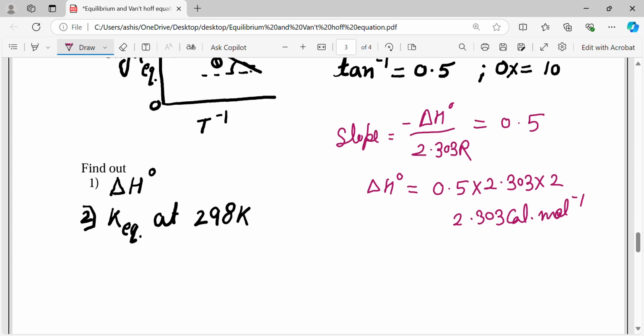Now solve the second question. The second question is we have to find the equilibrium constant at 298 Kelvin temperature. So we will write the van't Hoff equation again.